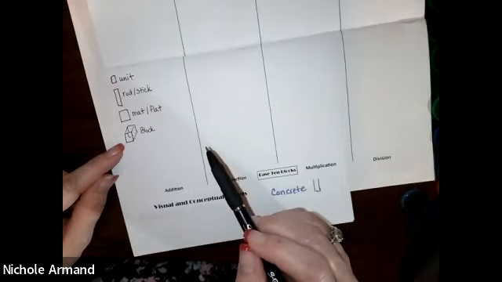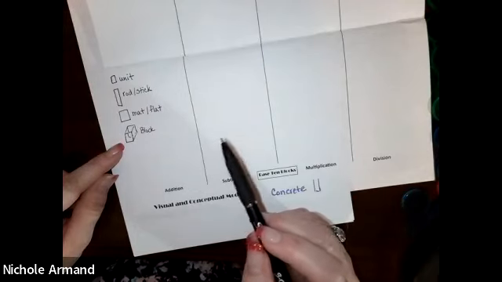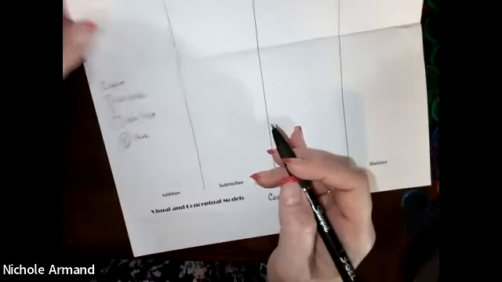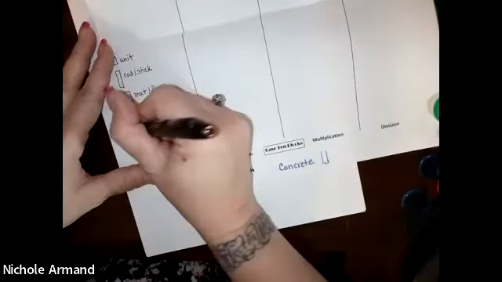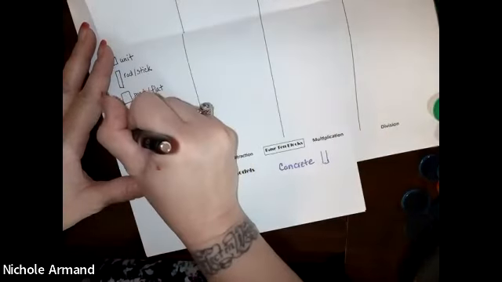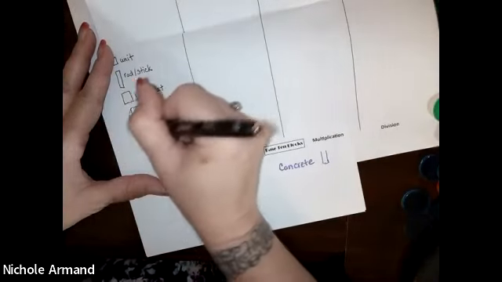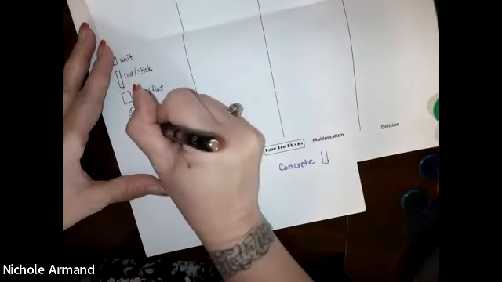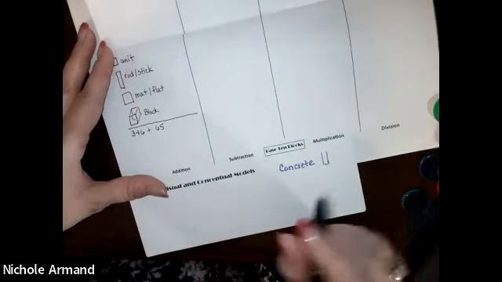So what I did when I drew mine is, we're going to work this problem using base 10 blocks. So here's our example, 346 plus 65.